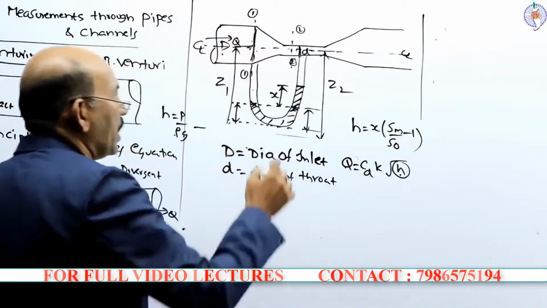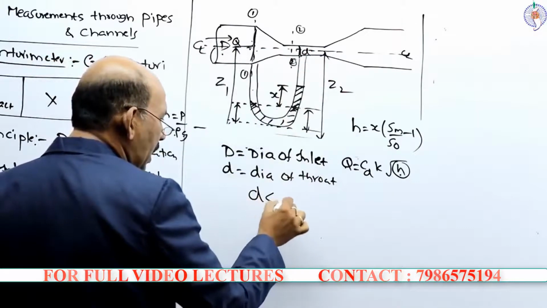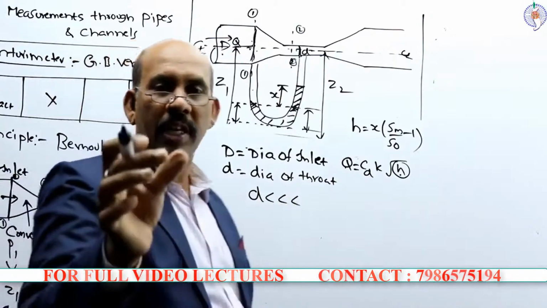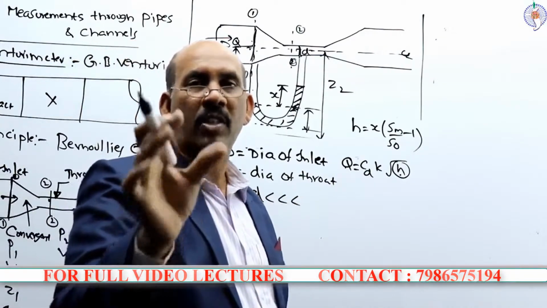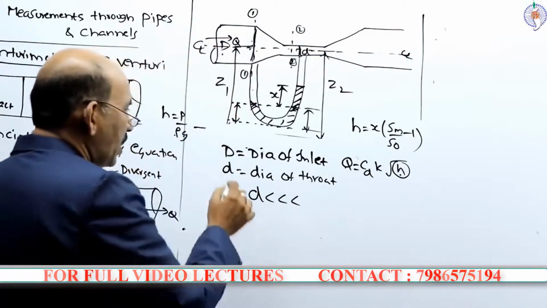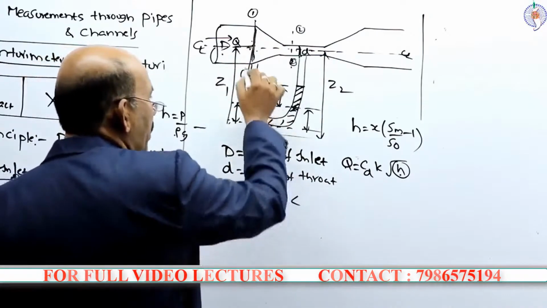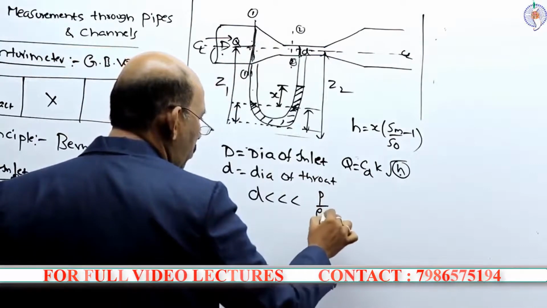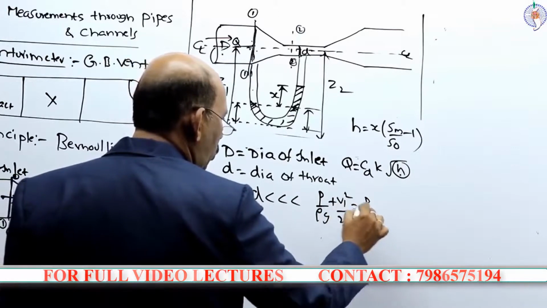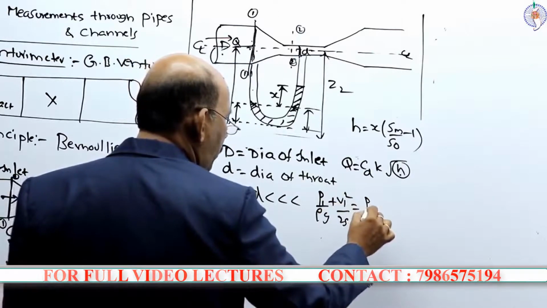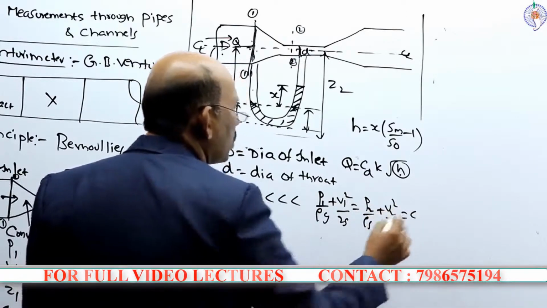But if the diameter keeps on decreasing, at one particular stage the flow is not possible. According to Bernoulli's equation, P by rho g plus V1 square by 2g is equal to P2 by rho g plus V2 square by 2g is equal to some constant.